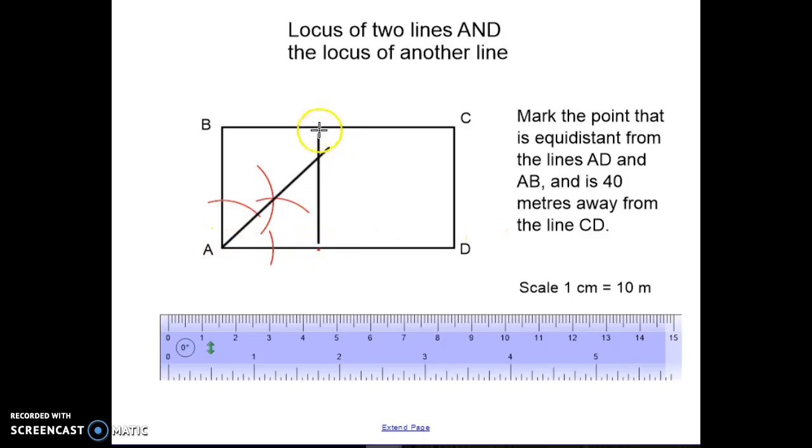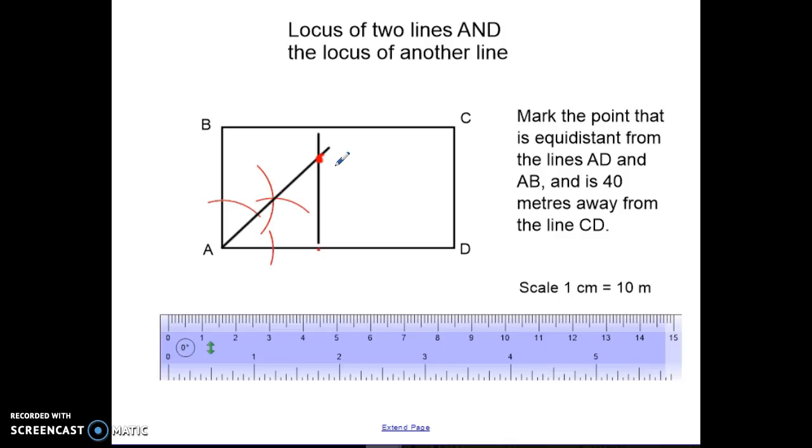Everything on this vertical line is 40 meters away from CD, and where the two lines meet, which is here, so I've just drawn a red blob to represent that. That point is my answer to this question.